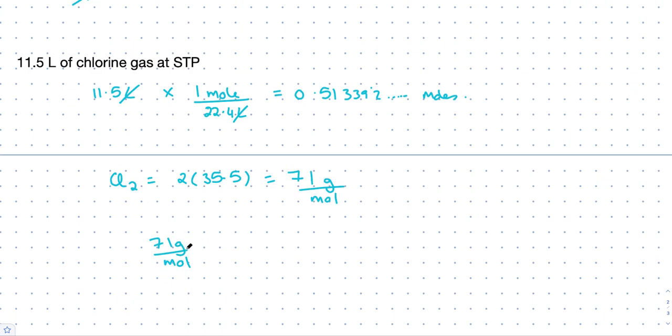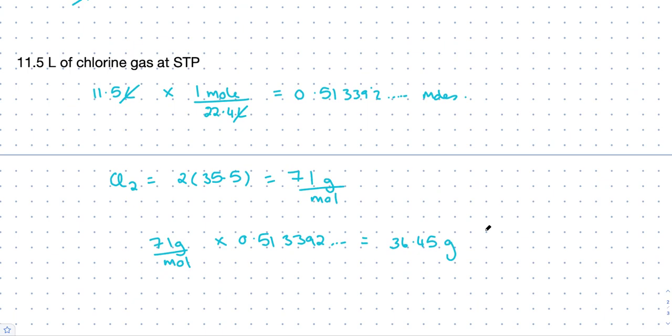So I've grams on the top, that's where I want it to be. I've moles on the bottom, so that means the other number must have moles on the top, and it does. So it's nice and straightforward. If I multiply that now by 71, I should get out the number of grams of chlorine gas that I have. So I'm going to have 36.45 grams of chlorine gas.